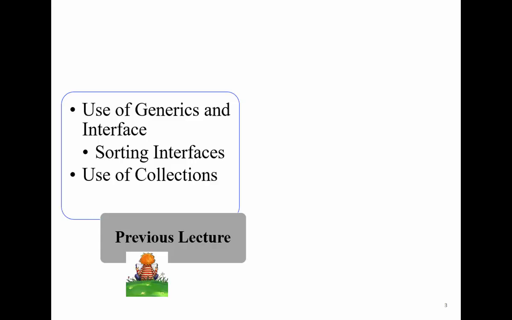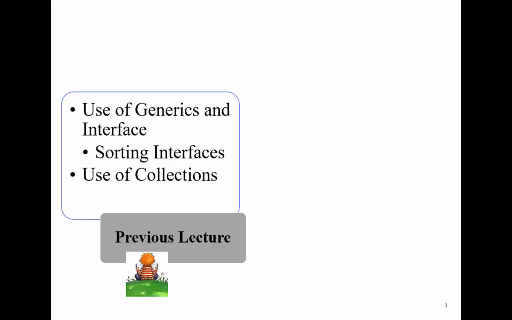What we discussed in the previous lectures, we discussed generic and interface. In specific, we touched the topic of sorted interfaces, which actually we used on the lab 4. If you already looked at the lab 4, you will see that we have used comparators and comparable interfaces.